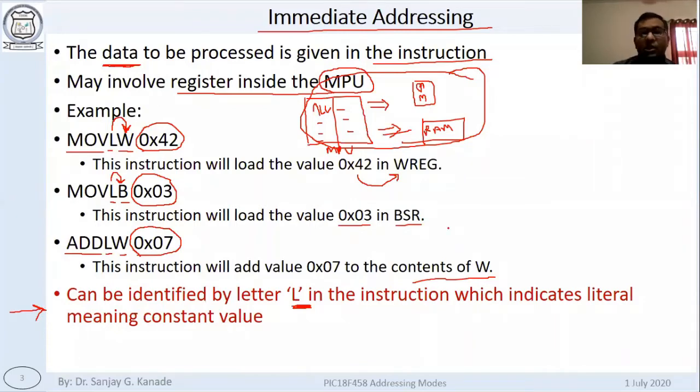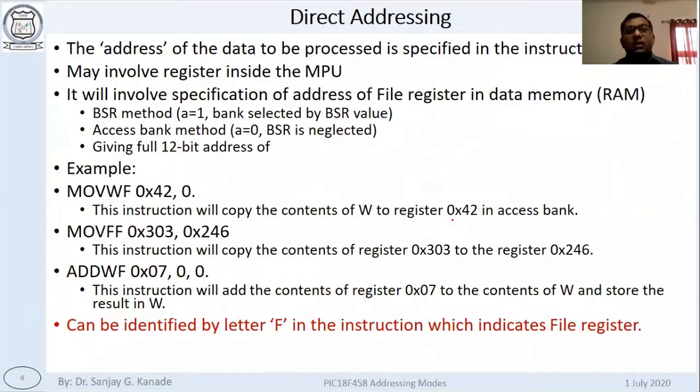Okay. So now the next addressing mode is direct addressing. Now what does direct mean? It means that the address of the data to be processed is specified in the instruction.